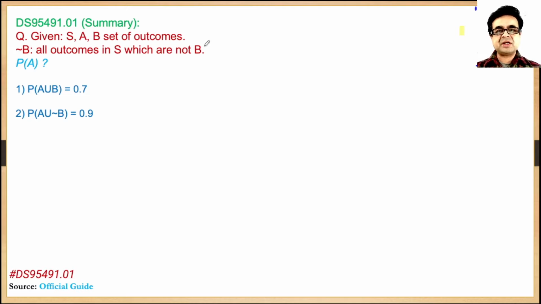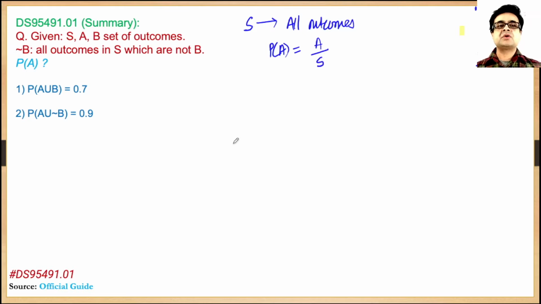So we are given that S, A, B are sets of outcomes, where S is the superset, which means all possible outcomes, and A and B are just some outcomes within that set. So what would be the probability of A? Probability of A would be favorable outcomes, which is A, divided by the total number of outcomes, which is the number of elements in set S, right?